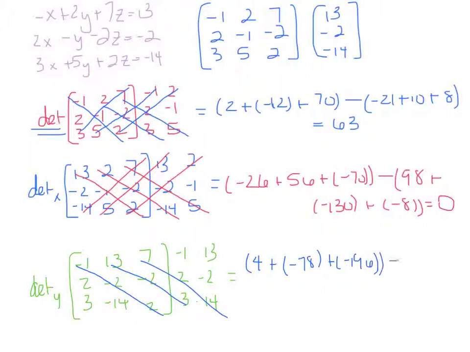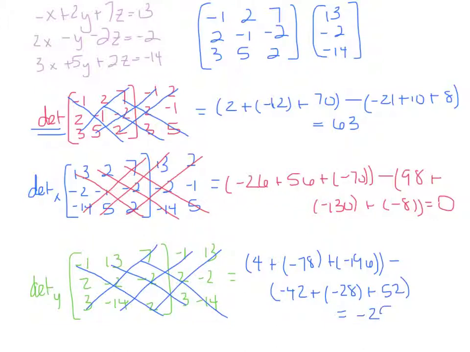And we are going to subtract from that, coming the other way, I believe that's a negative 42, plus negative 28, plus 52. All right, so if we find that, we have the determinant for our y, which is negative 252. We're going to have to start a new page, so make sure that you have those three determinants written down, and we're going to go to a new page.